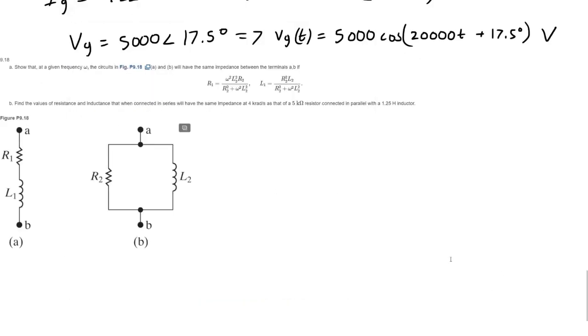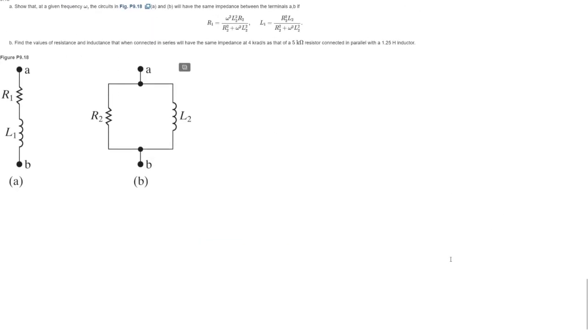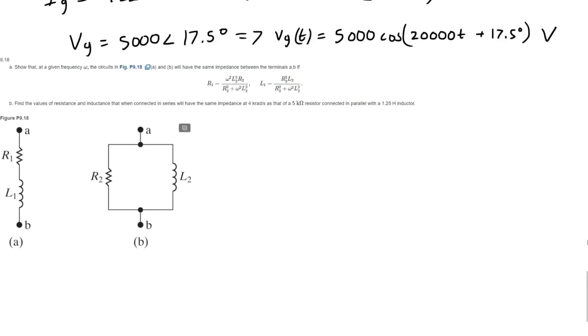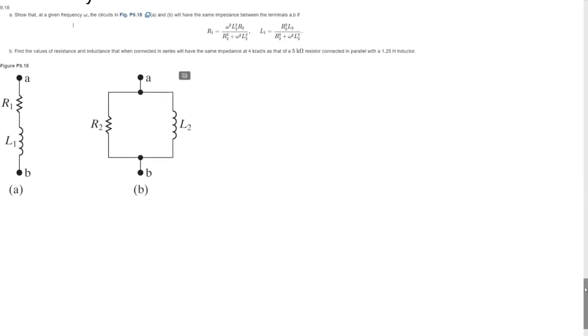So now we're going to show that at a given frequency, not for all frequencies, the circuits in figure 9.18, figure A and figure B, have the same impedance between the terminals if the following conditions are met. So the way we're going to show that is we're going to find the impedance of each one of these pieces.